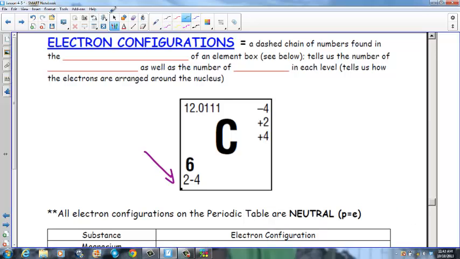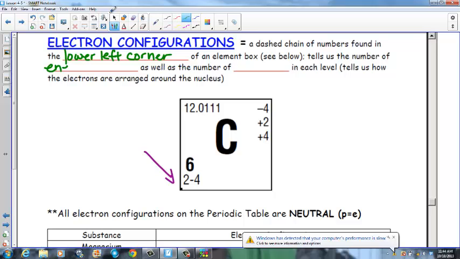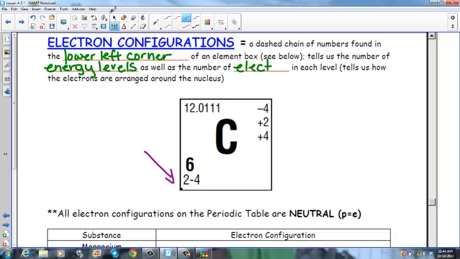Okay, so electron configurations, the dash chain of numbers found in the lower left corner of an element box, so see below right here, tells us the number of energy levels as well as the number of electrons in each level. And this tells us how the electrons are arranged around the nucleus.